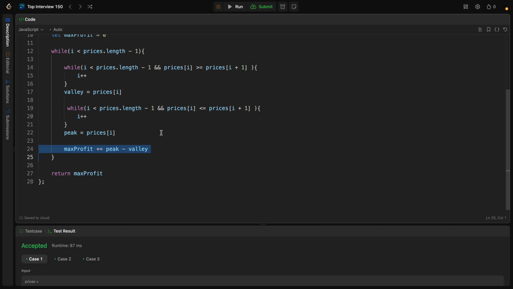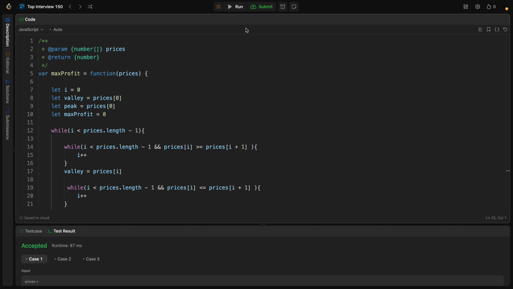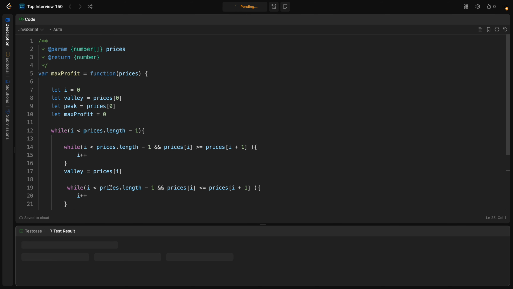The key strategy is to buy low, value, and sell high, peak, iterating through the prices array to find those points. This approach is effective for scenarios where the stock can be bought and sold multiple times for maximum profit. So let's just try to run it and see if it works or not.